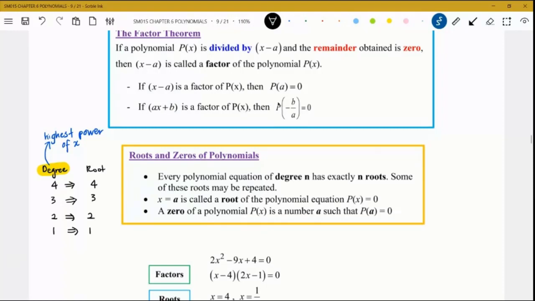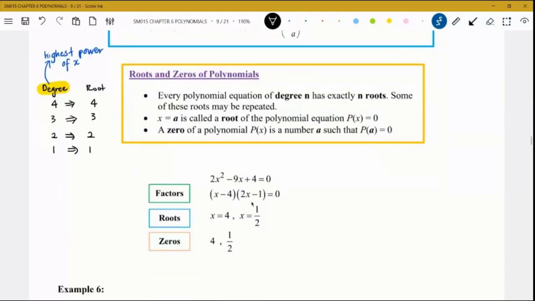Okay, so as you can see here, I put the difference between factors, roots and zeros. These come from the same thing. So to start, we must equalize with 0. Factors should be in terms of brackets. Roots should have x as the subject, and zeros are only the value of x. You need to know these three because sometimes the question asks specifically: find the roots, find the zeros.